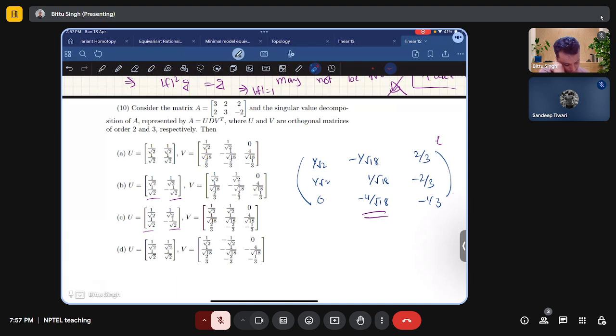What was the answer? Option B is correct actually, according to the answer key.